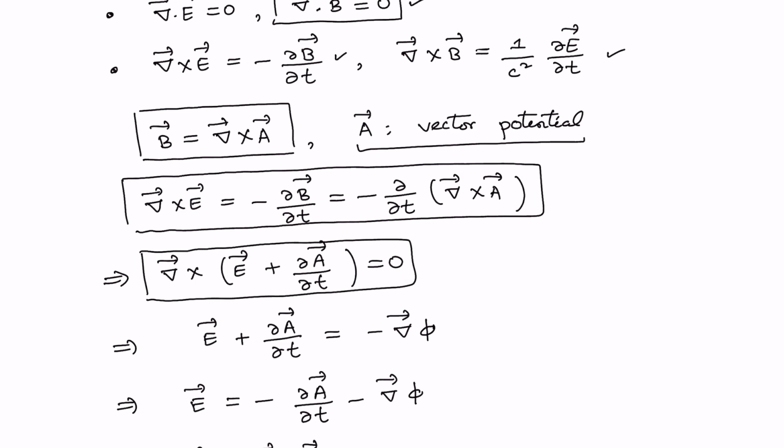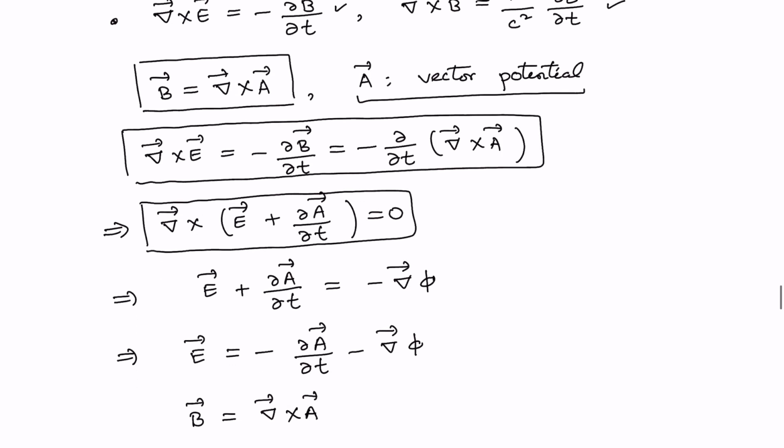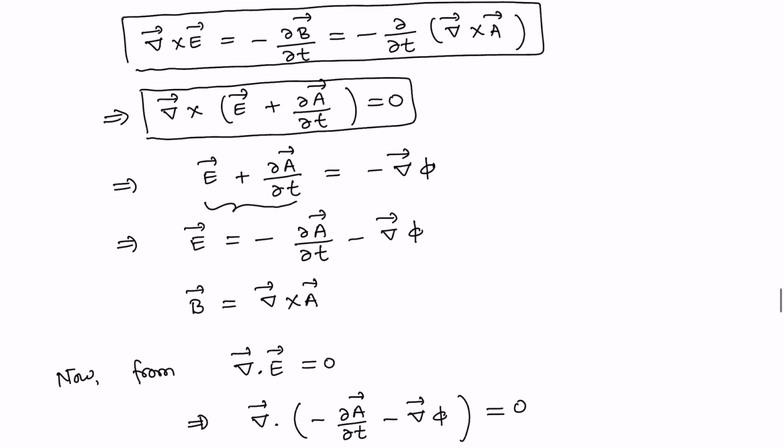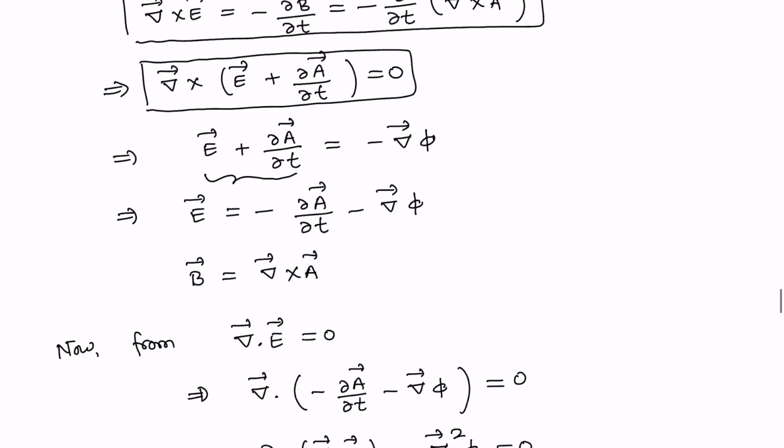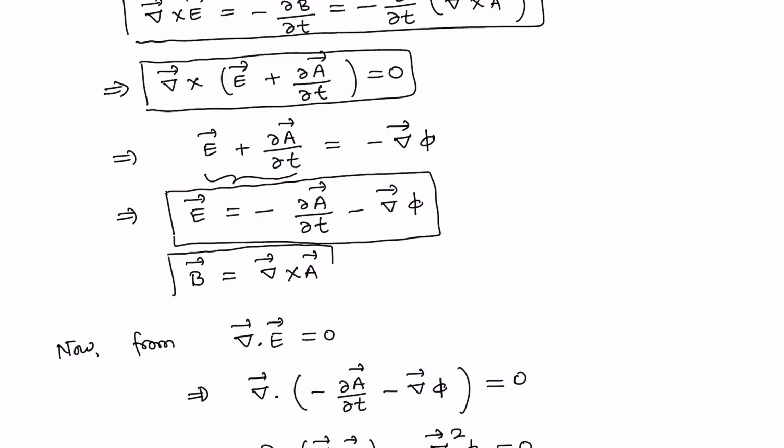Because of this, I can write E plus del A del t as the gradient of a scalar potential, minus grad phi. Then the electric field can be expressed in terms of the scalar potential phi and the vector potential A in this form, and the magnetic field in terms of the vector potential A.